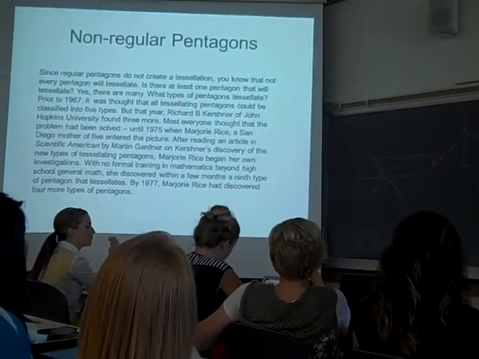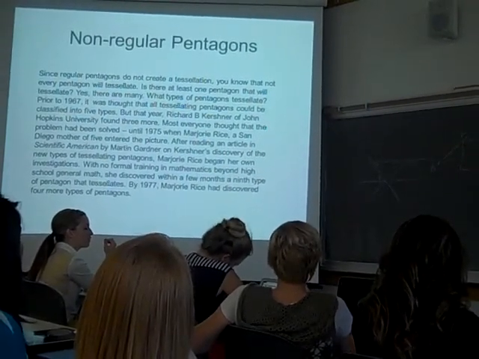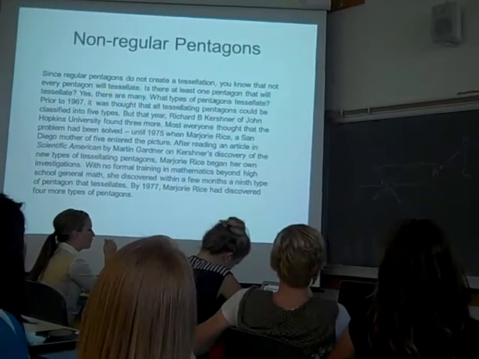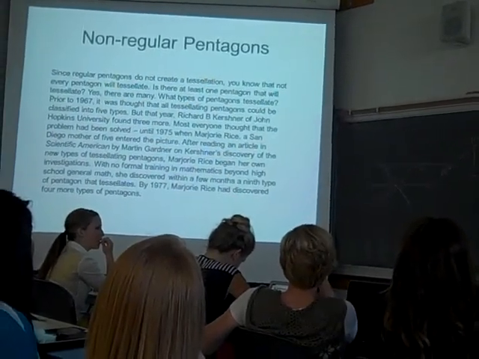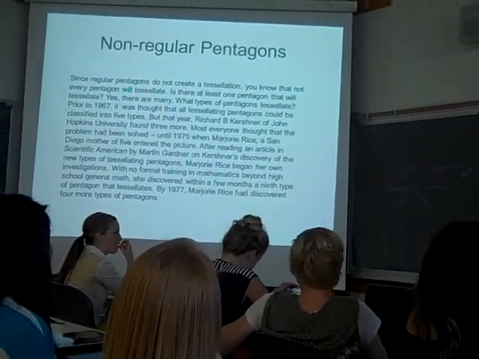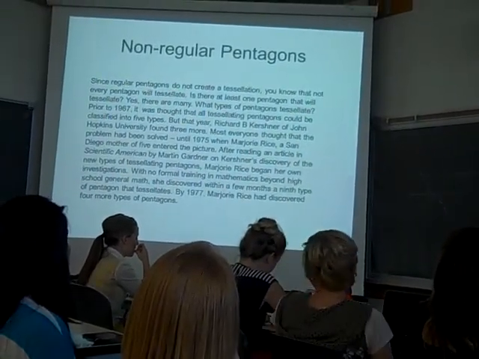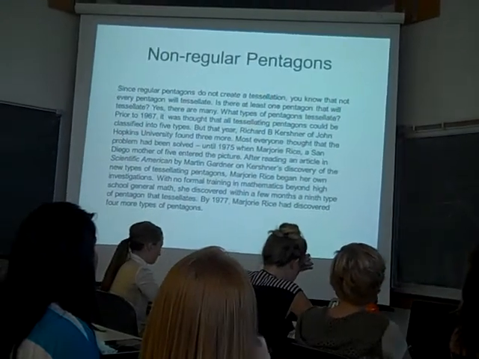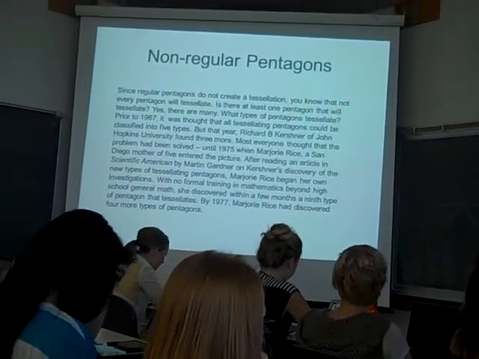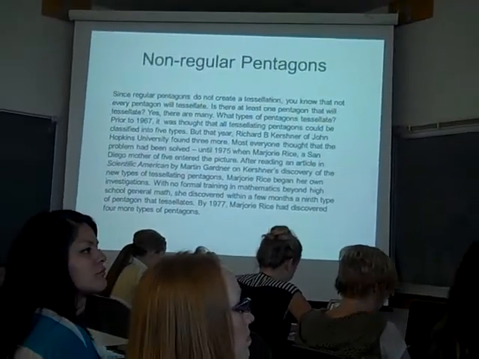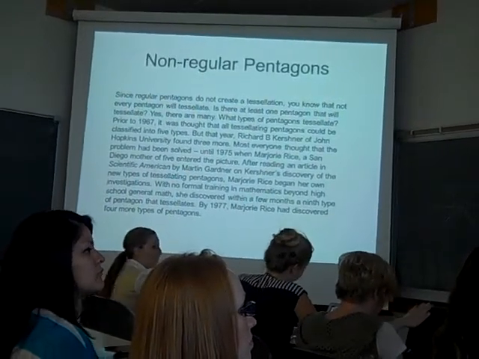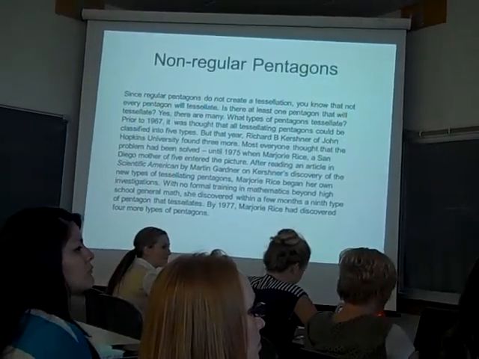She read an article in Scientific American by Martin Gardner on Kirshner's discovery of those 3 new types of tessellating pentagons. Then she began her own investigations, with no formal training in mathematics beyond high school general math. That means she didn't have algebra or geometry classes.